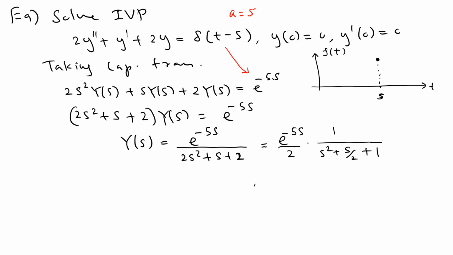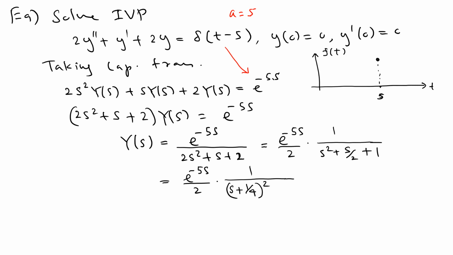Now we follow the completing square steps. This e to the minus 5s over 2, we leave it, and then s plus, take half of the s coefficient, that means 1/4, squared.